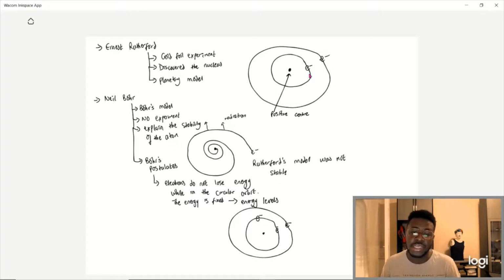So this way he was able to explain the stability of the atom. Another thing that Bohr's model was able to explain was line spectra. We're going to talk about line spectra later when we talk about all of the other models.